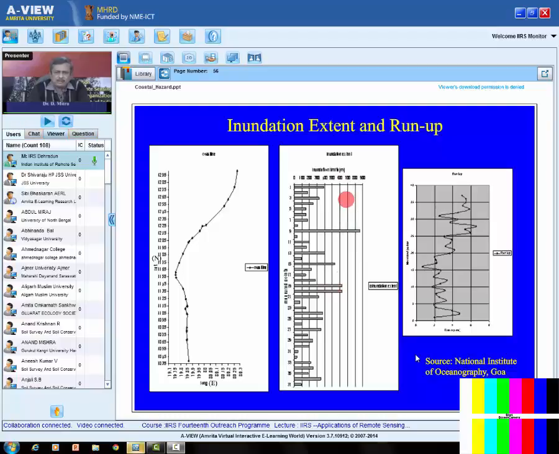And these are the run-up heights within the Nagapattinam region. What is the run-up height during the tsunami? So this type of map can be generated to give you a feeling of what the run-up is, what the inundation limit is, and what the configuration of the coastline of this region is.